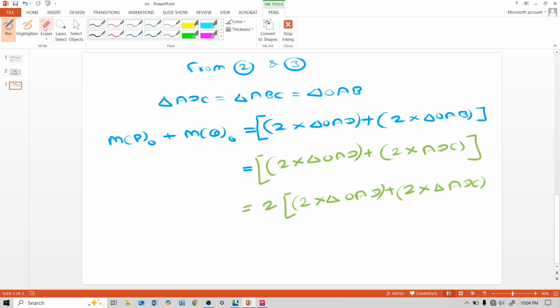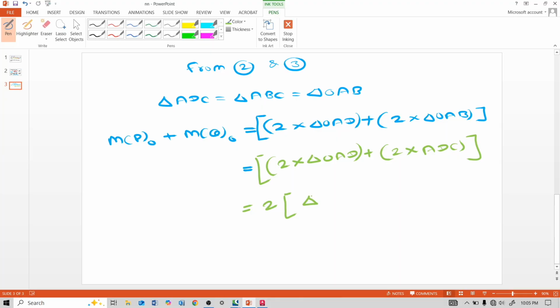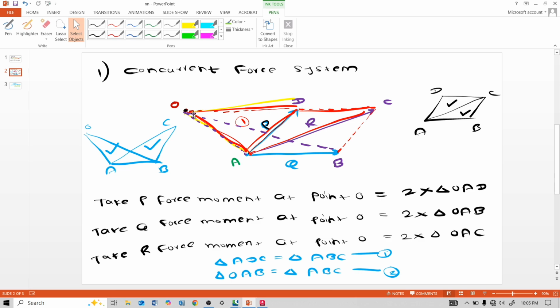Oh, sorry, this 2 will be common, so 2 into triangle OAD plus triangle ADC. This OAD plus ADC is nothing but the OAC.